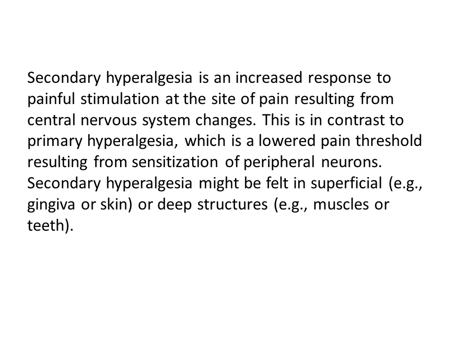Secondary hyperalgesia might be felt in superficial areas like the skin and gingiva. The deep structures could be like the muscle and the teeth. So we have primary hyperalgesia and we have secondary hyperalgesia. The secondary hyperalgesia could be superficial or deep.